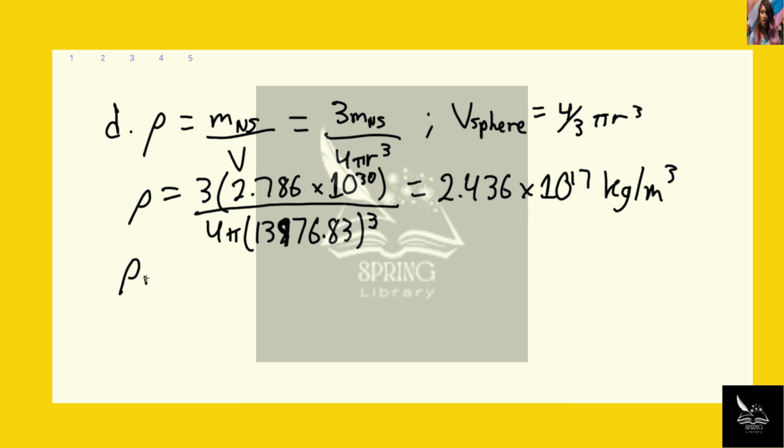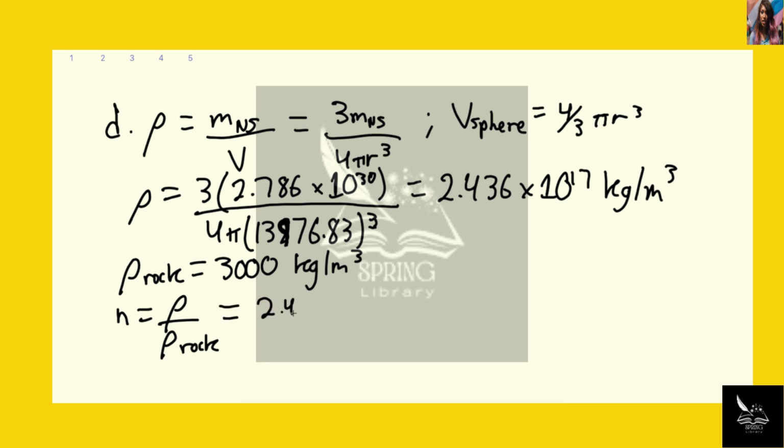The density of a rock on Earth is approximately 3,000 kilograms per meter cubed. So N would be rho divided by rho of the rock. Sorry, this is not P, this is rho. Rho denotes density. And this would be 2.436 times 10 to the 17th divided by 3,000.